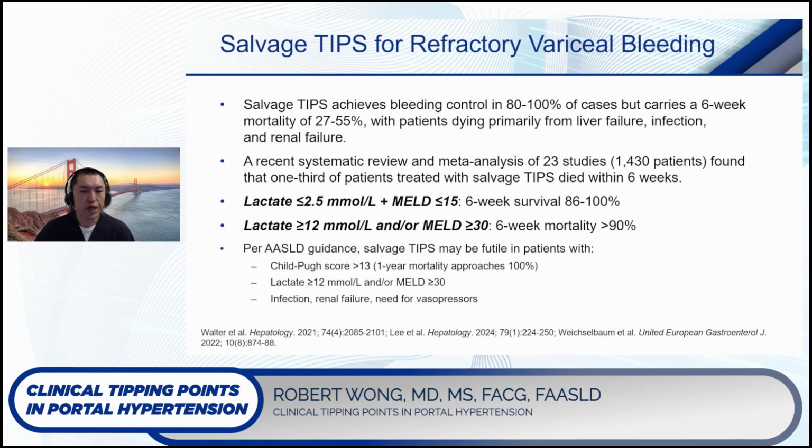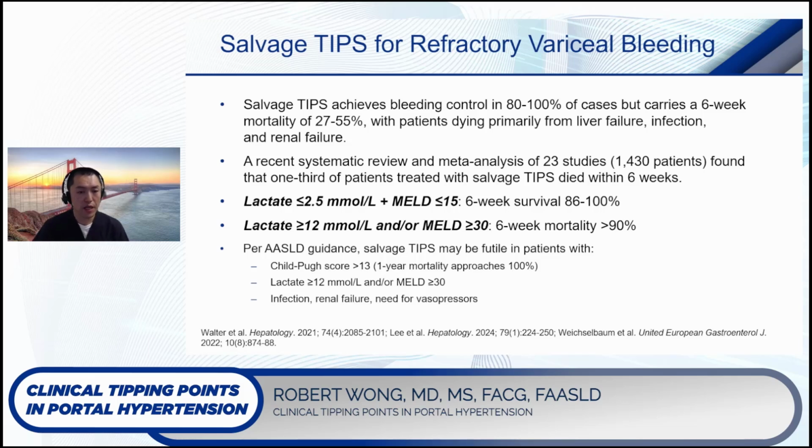But is there a way to select patients who do better? So these are some data from a recent systematic review and meta-analyses of 23 studies inclusive of 1,430 patients. And they found that 1/3 of patients who were treated with salvage TIPS died within 6 weeks. But the important thing here is they identified certain pre-TIPS markers, specifically lactates and the MELD score.